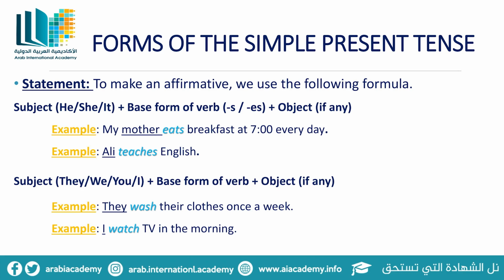Subject plus verb plus the object. If the subject is he, she, or it, we have to add to the verb s or es. Then we add or copy the object as it is if it is found in the sentence.